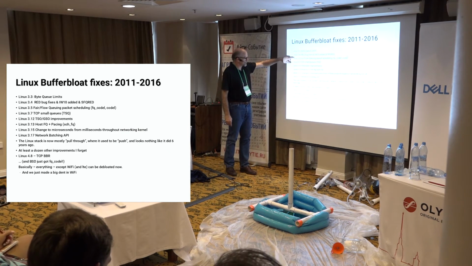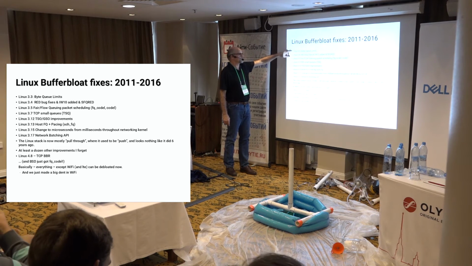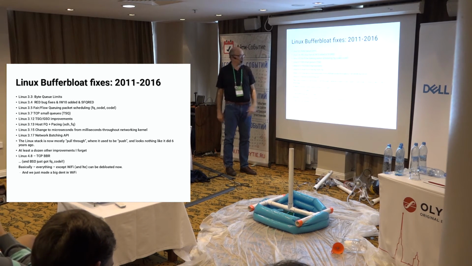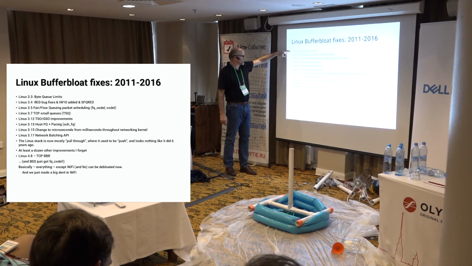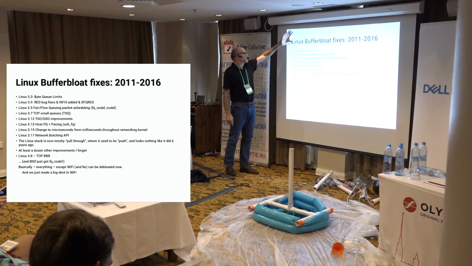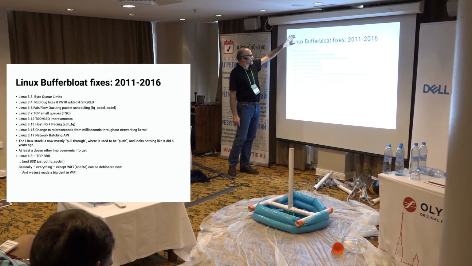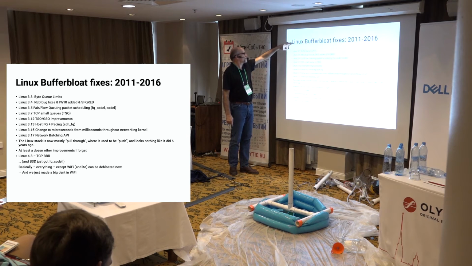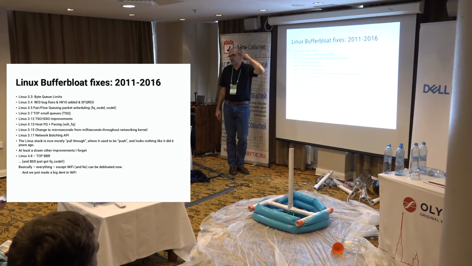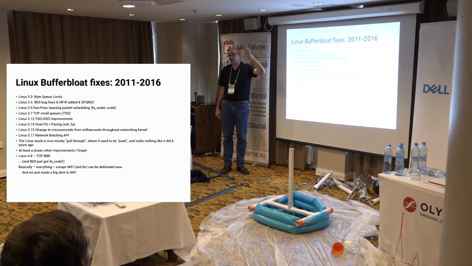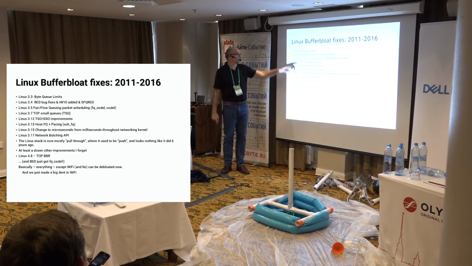This is Dave Täht's list from his applying CoDel to Wi-Fi talk, which shows you the whole long list of Linux versions. Pretty hard to read, but the first one that came in earlier, before this, was CoDel, and then Google did something called byte queue limits, which was internally keeping the buffering down inside the Linux kernel.